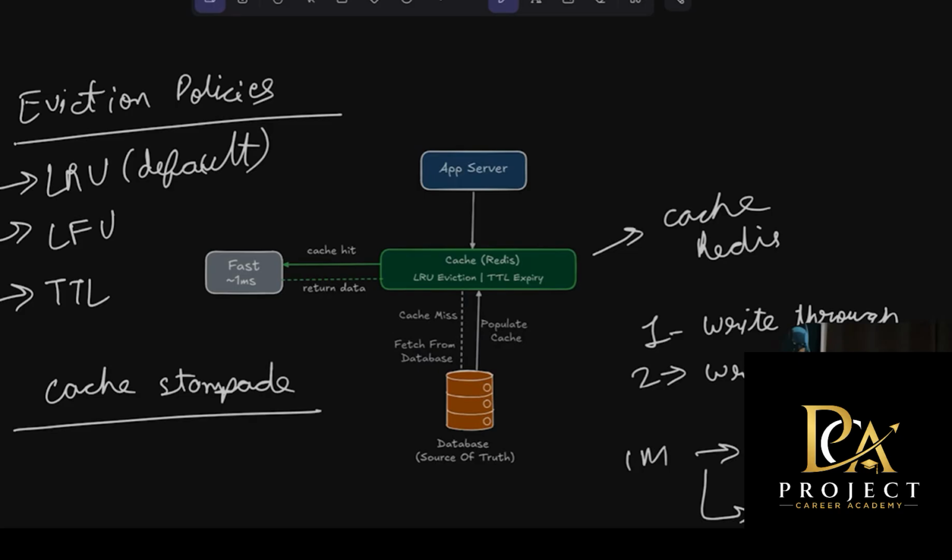Basically, instead of getting 1,000 requests at the same time, there will be a lock on how many requests can go ahead and do a database search. So only one request will proceed, it will rebuild the cache, and then the updated cache will cater to the rest of the 900 requests that are coming in. This prevents the database from being flooded.